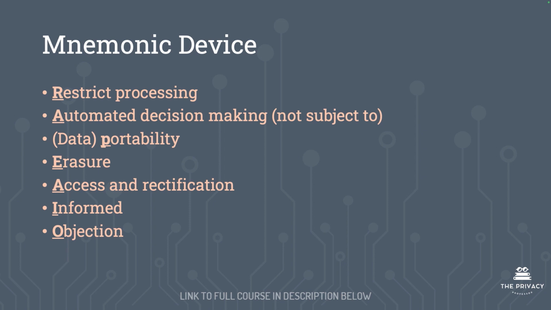I figured that there are so many different terms that start with data, for example, that instead of having data portability, we would focus just on portability. Similarly, for automated decision-making, we would start with the A and not the not. I figured automated decision-making would be easier to remember. And for informed and objection, I know those words on their own aren't quite clear, but we're going to go through these one by one.